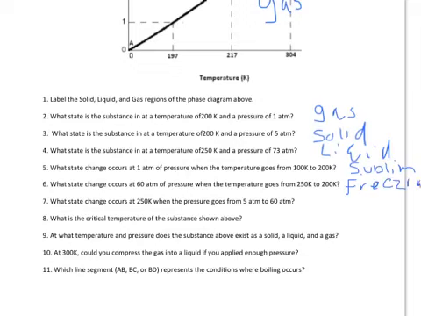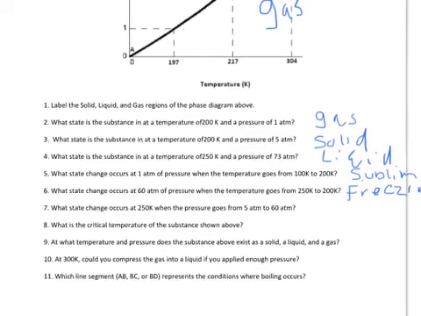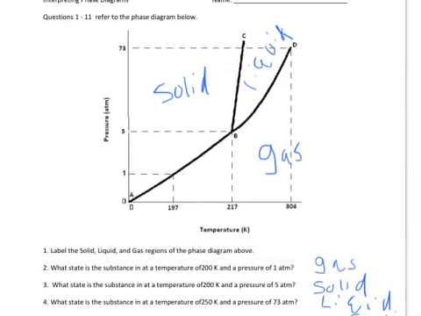Alright. Okay. Now number 7. What phase change occurs at 250 kelvins when the pressure goes from 5 atmospheres to 60? So let's go up here and see what happens. We are going to go to 250 degrees here, so we're at this temperature here, and we're going to change from 5 atmospheres, which is here, to 60 atmospheres.